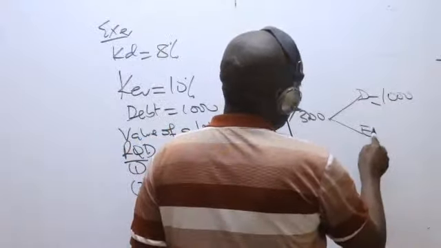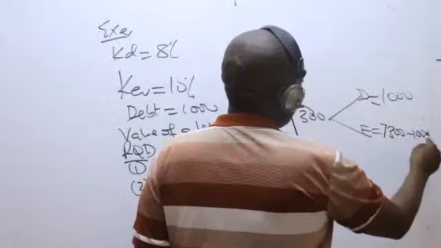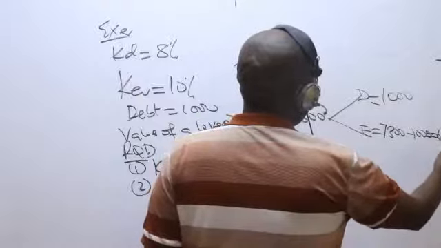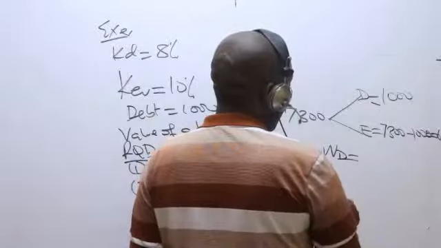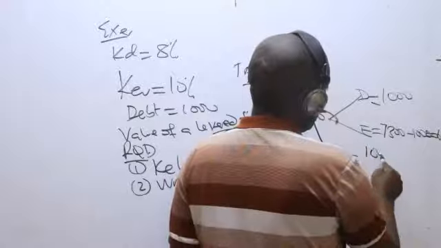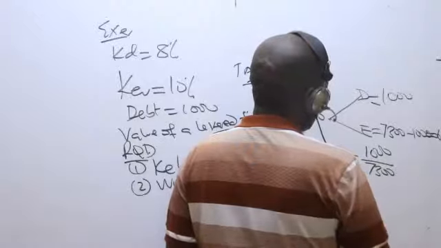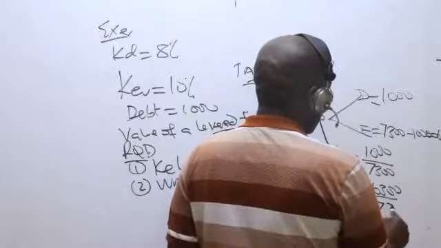So equity will be 7,300 minus 1,000, which will give me 6,300. And out of this, I should be able to get the weight of debt and the weight of equity. So weight of debt will be 1,000 out of the total 7,300. Weight of equity will be 6,300 out of 7,300.